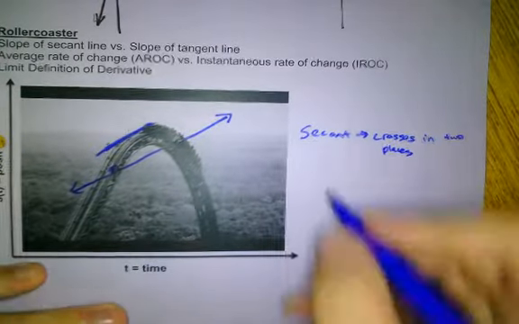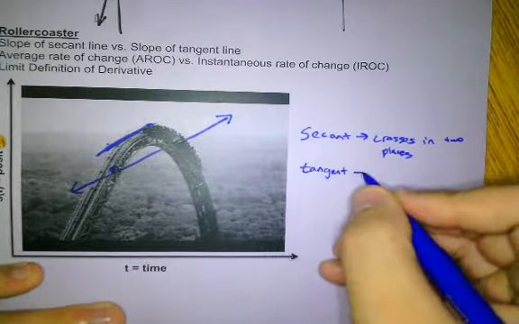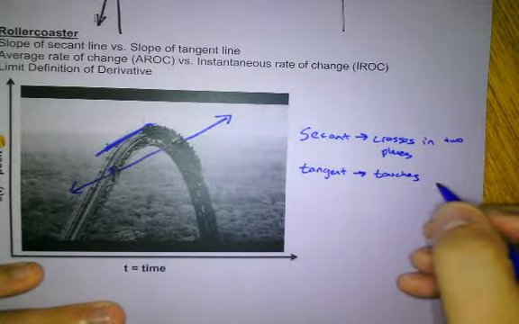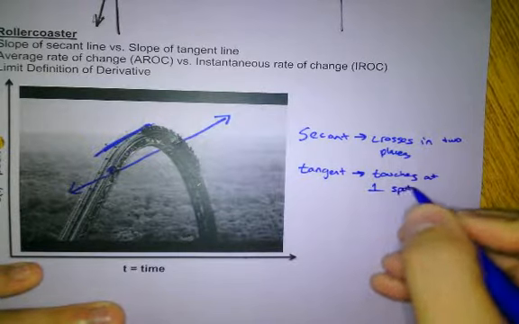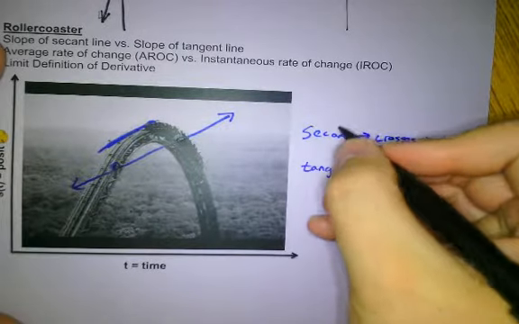So that's what the secant is. So if I ever use the word tangent, what does tangent mean? It touches 1 time. This is not trig, this is geometry.